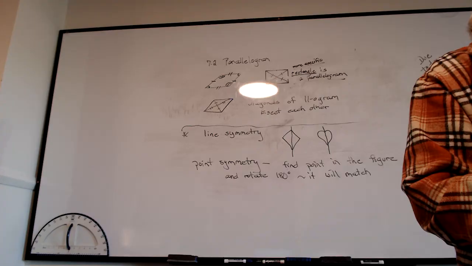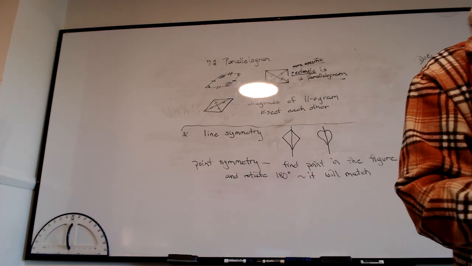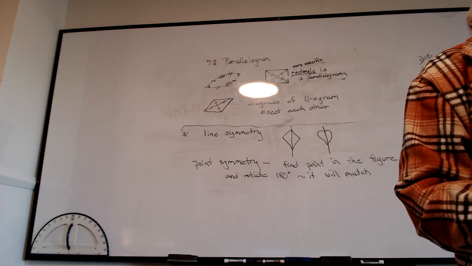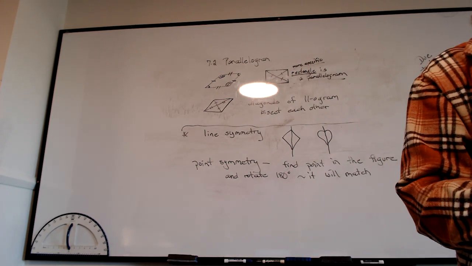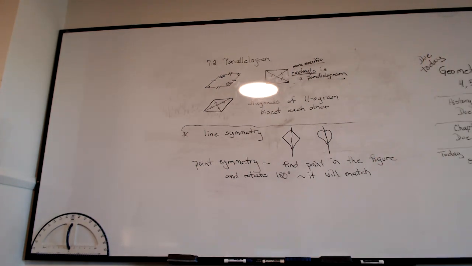I think all of these do. Okay, so there's an ace, a 9, and a face card. Look at the center and see how you can rotate those around. If you do, it will give you the same thing.